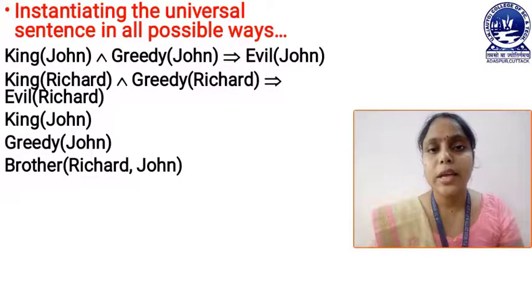After replacing x by John, we get the new sentence King(John) and Greedy(John) implies Evil(John). In a similar manner, we can derive another sentence, King(Richard) and Greedy(Richard) implies Evil(Richard), where the variable x is replaced by Richard. Then King(John), Greedy(John), and Brother(Richard, John). These are the sentences derived from our old sentences.